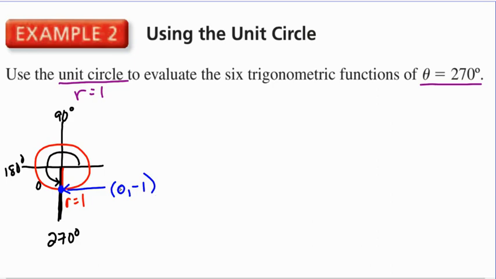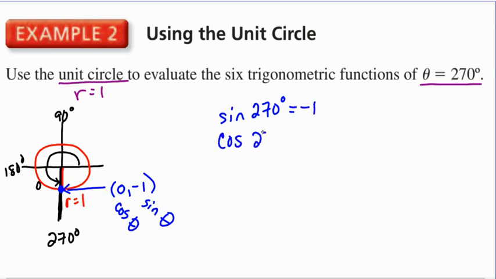Okay, so remember, this first one tells me the cosine of the angle, and the second one tells me the sine of the angle. Okay, so right away I know that sine of 270 degrees is going to be this y value of negative 1. Cosine of 270 degrees is going to be the x value of 0.